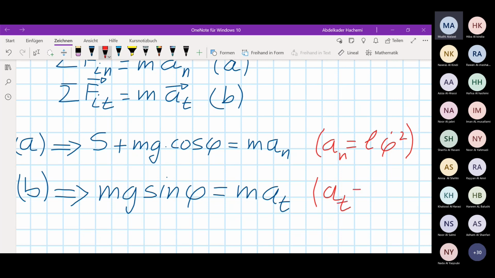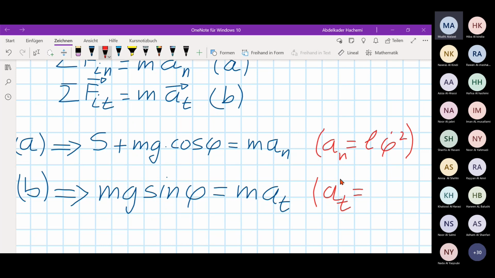Now the acceleration in tangential direction, a t, follows the same principle. If you look to the lecture or some exercises for circular motion, in this case a t is only omega dot cross r, and omega dot in our case is only phi double dot, and r, as I said before, is only the length of the rod.